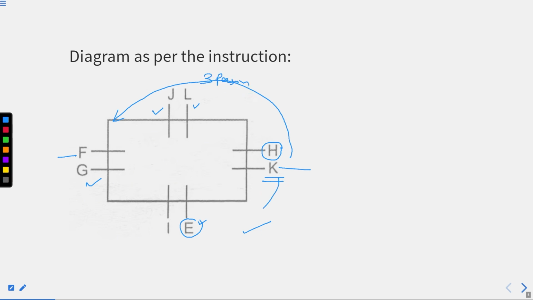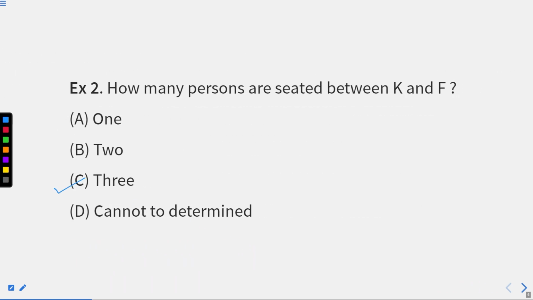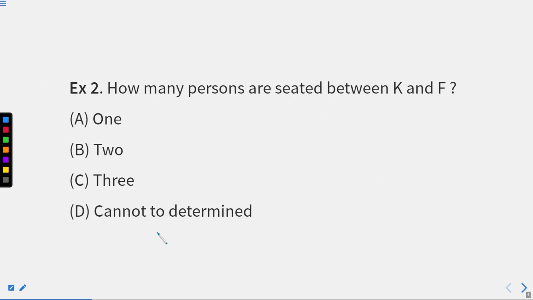And if we check from this direction, again we have 3 persons, right? So in total, the answer will be 3. I hope this part is also clear. For the first question, we know answer is none of these. And for the second question, the number of persons seated in between K and F is 3. I hope you are able to answer both questions.